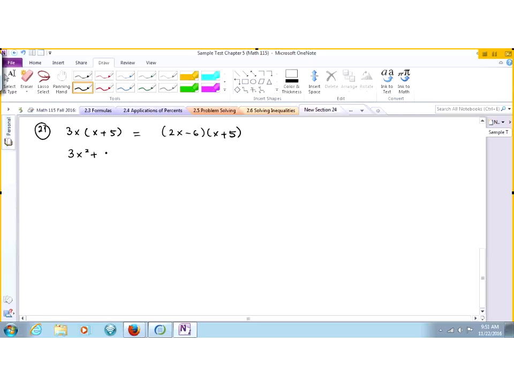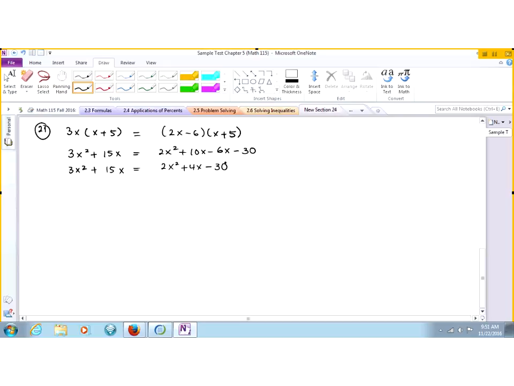Yes. So 3x squared plus 15x is equal to 2x squared plus 10x minus 6x minus 30. All right. So 3x squared plus 15x is equal to 2x squared plus 4x minus 30. Okay.